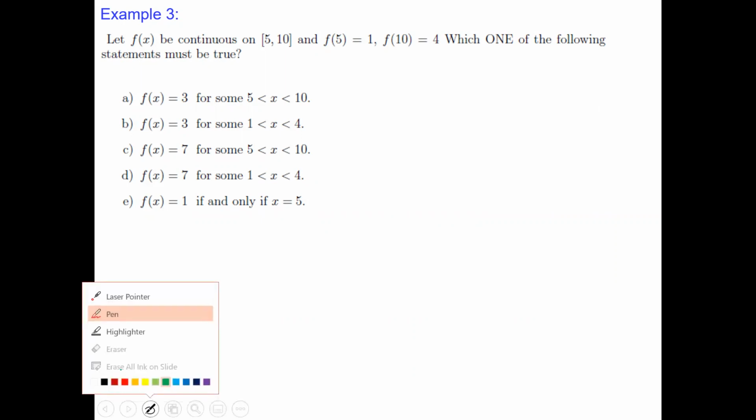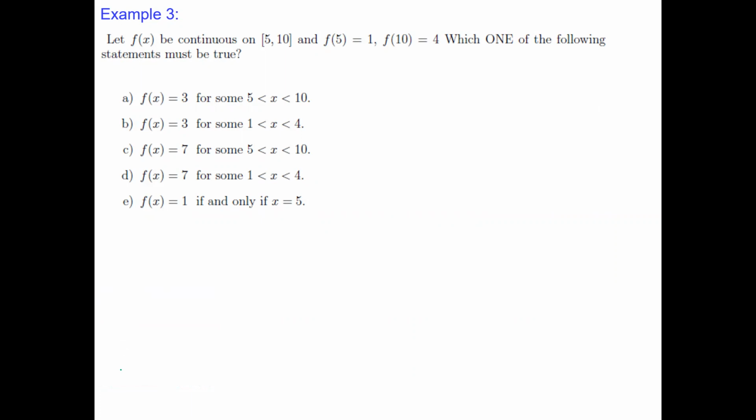Before we start reading, we may try to picture this scenario. The interval is between 5 and 10. The value for 5 is 1. The value for 10 is 4. And we have a continuous function. Let's draw this function.